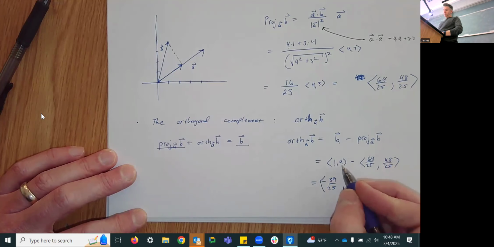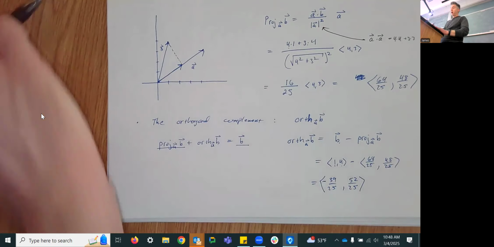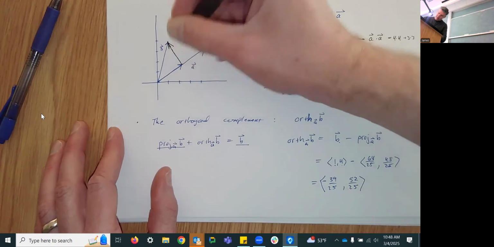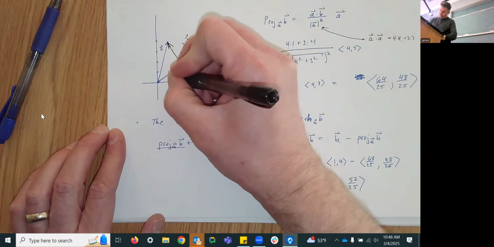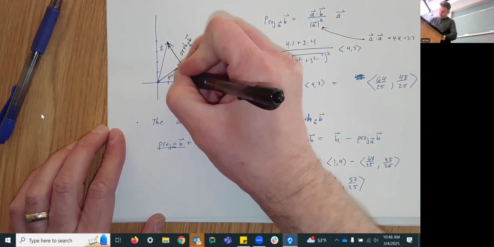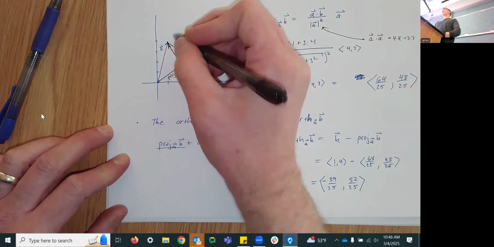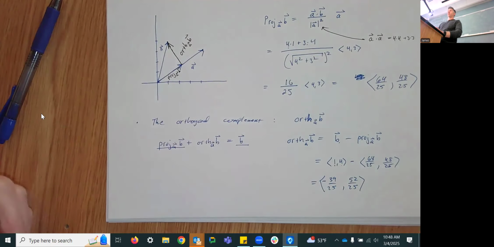And 4, which is 100 over 25, minus 48 over 25 is 52 over 25. The vector we're talking about is this vector right here. That's your orthogonal complement of B onto A. There's your projection, B, and the projection plus the orthogonal complement gives you the vector B. This orthogonal thing isn't super duper important, but this is the moment to talk about it.